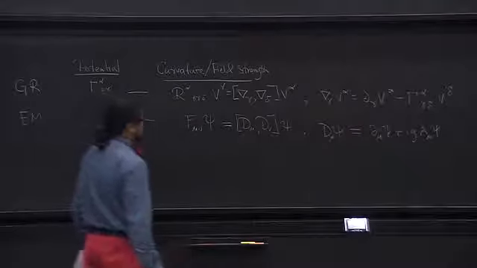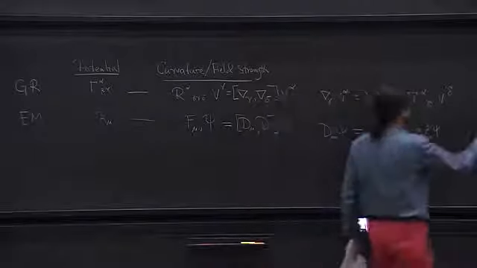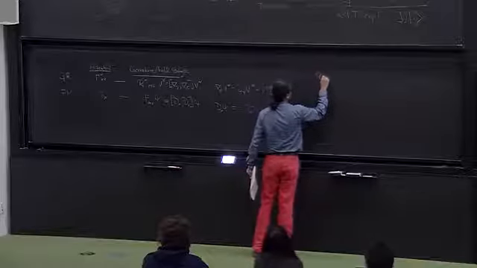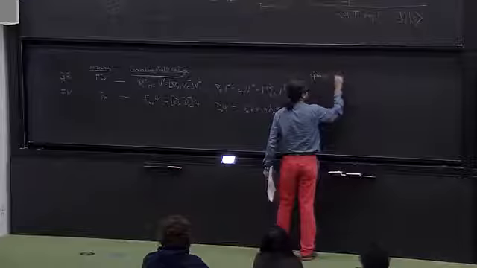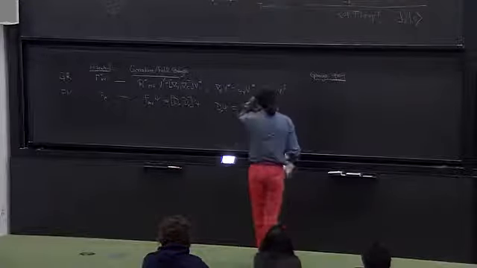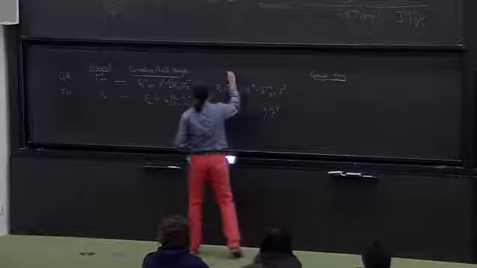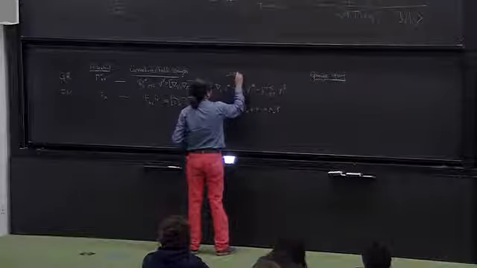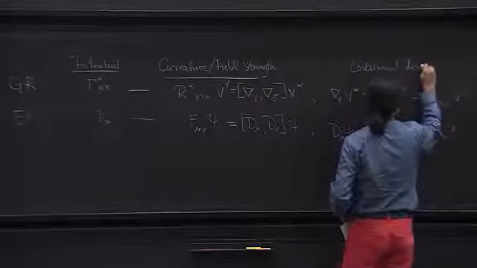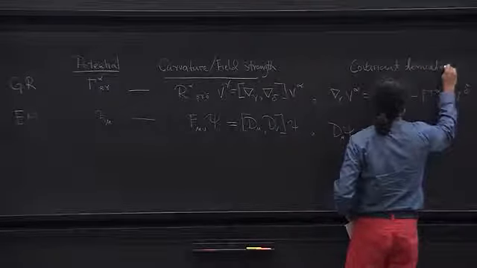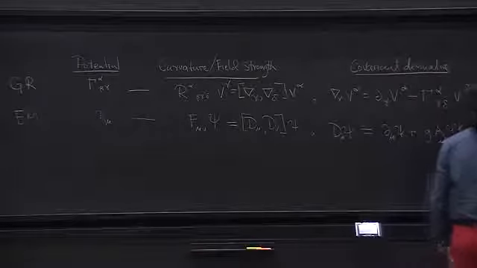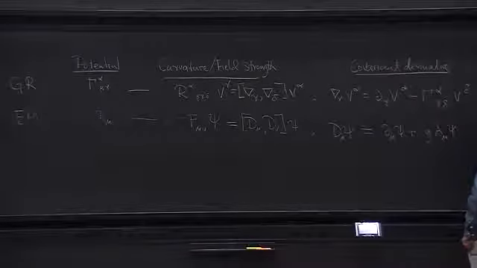And we shall see that there is some kind of a gauge group associated with these guys. And for E&M, it's U(1).